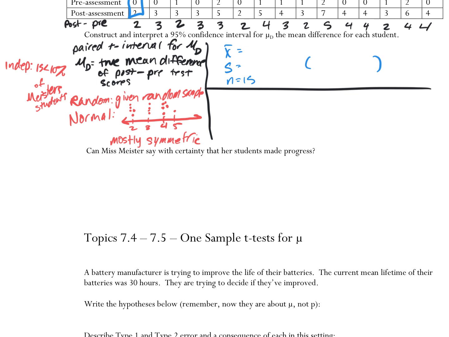And what are we getting? Which means X bar must have been 3.13. And S? 0.99.